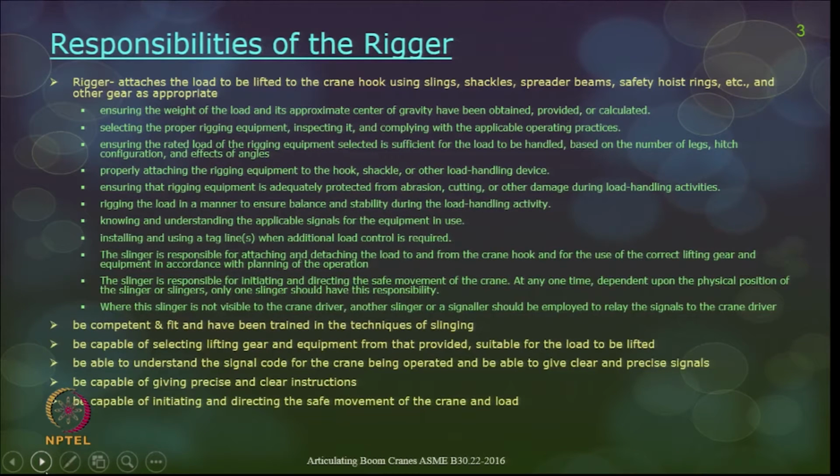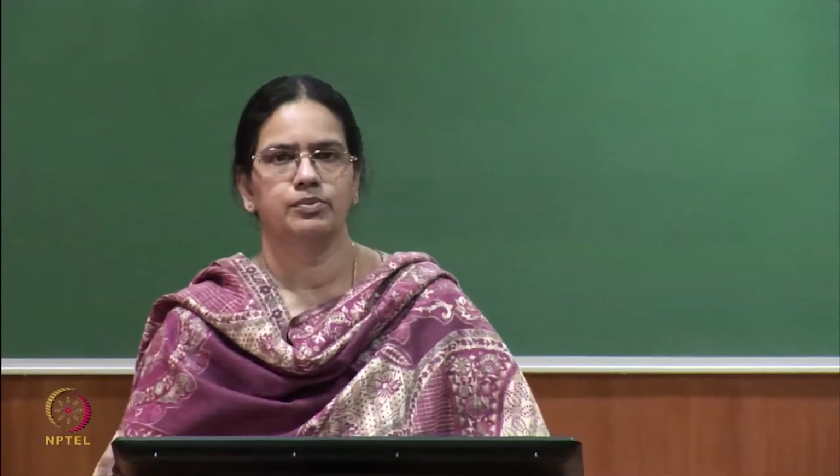Responsibilities of the rigger: a rigger is a person who attaches the load to be lifted to the crane hook using proper slings. In some places where too many operations are carried on, the rigger is also referred to as a slinger, and along with the rigger and slinger you also have a person called a signaller. Sometimes, for small operations, these people may do multiple jobs; otherwise there are designated persons for the crane operation.